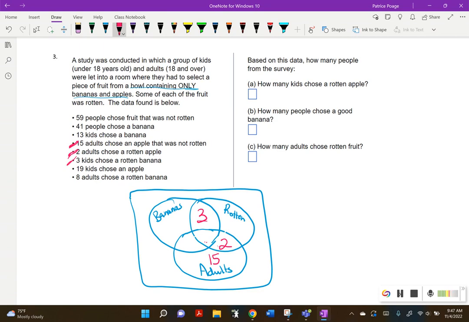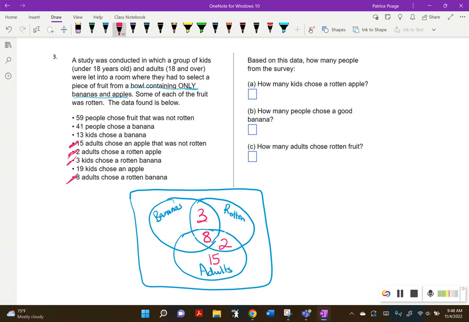So that means they did not choose a banana. So if you completely cover up the banana circle, these other 4 numbers will add up to 19. But we only have 2 of them, so we'll wait. 8 adults, so they're in the adult circle, chose a rotten, so not only are they in the adult circle, but we've narrowed it down to these 2 spots, chose a rotten banana, so they're right here.